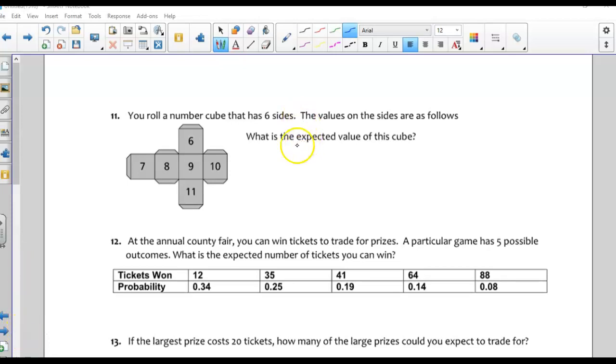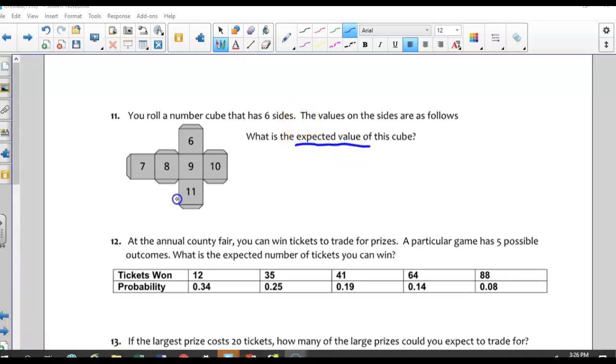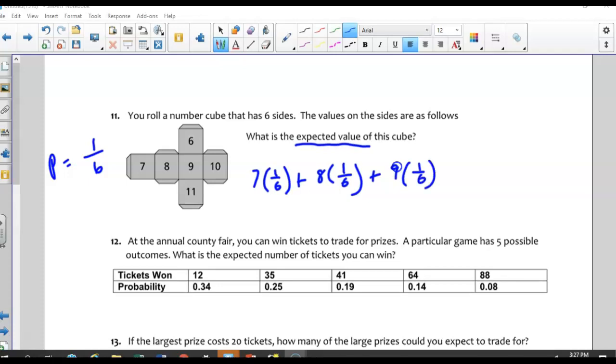So again, expected value, guys. Since this has 6 sides, you got to remember 1/6. The probability of rolling a 7 is 1/6. The probability of rolling an 8 is 1/6. The probability of rolling a 9 is 1/6. The probability of rolling a 10 is 1/6.